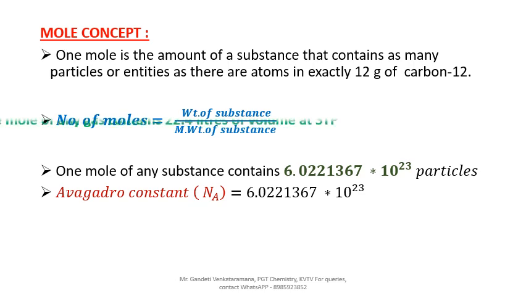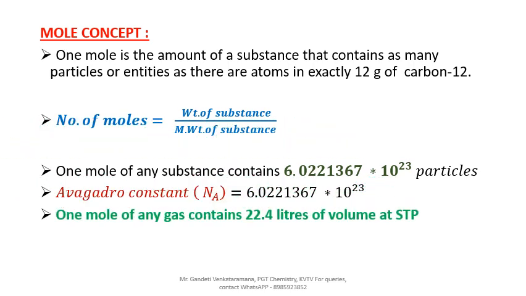Next one. 1 mole of any gas contains 22.4 liters of volume at STP. Here 1 mole of any substance means 1 mole of any gas, liquid or solid, and any substance contains 6.022 into 10 power 23 particles.